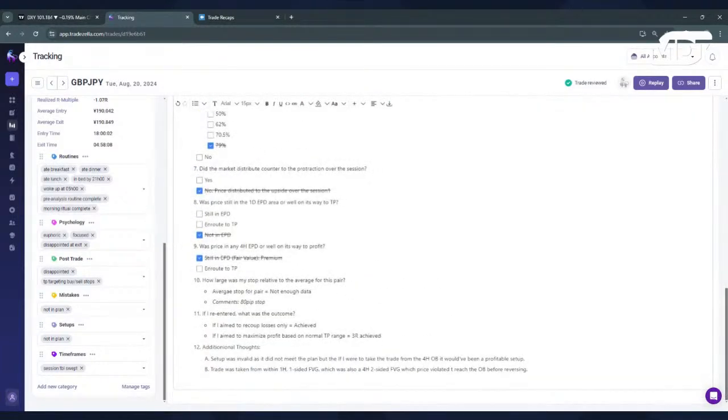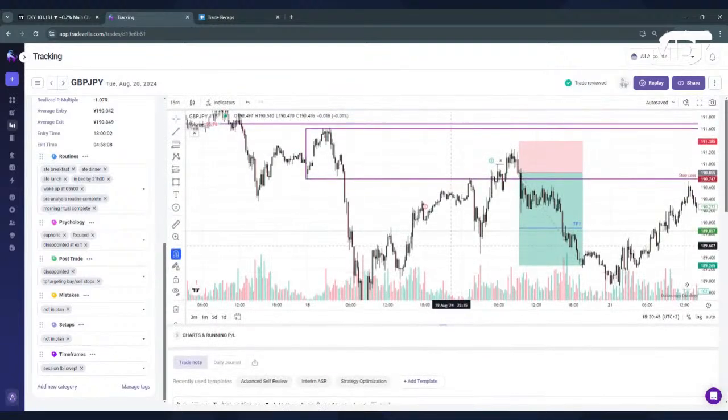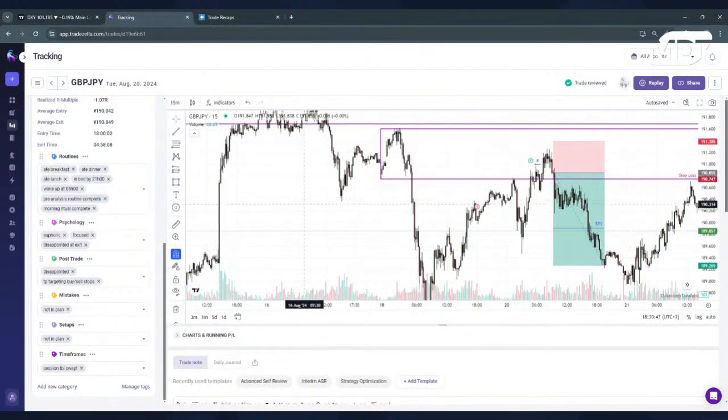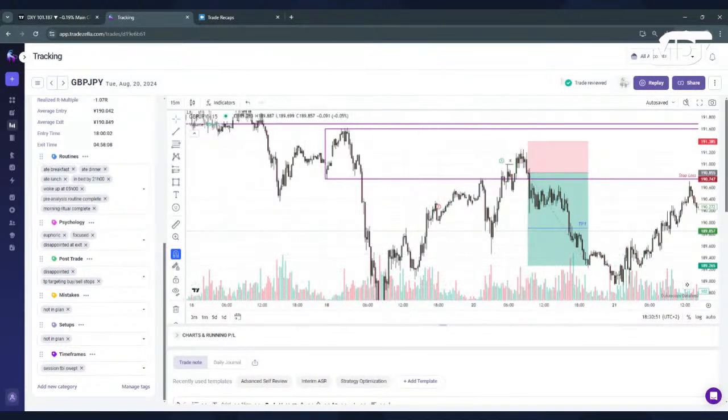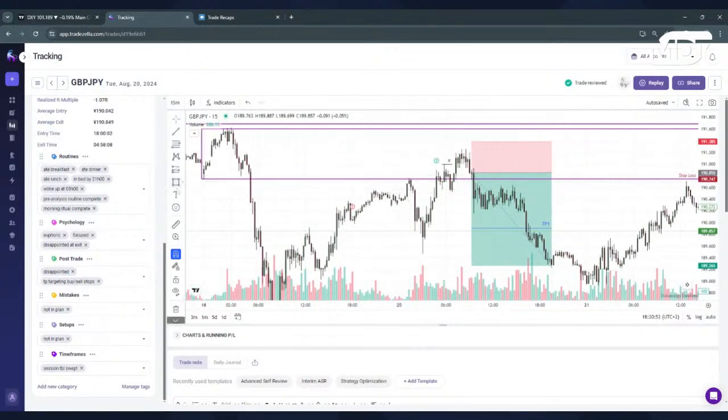And then additional thoughts that I had: I said the setup was invalid, it did not meet the plan, but if I were to take the trade from the 4-hour order block, it would have been a profitable setup. That's something I noted. I prioritized the 1-hour fair value gap over the 4-hour order block, which was resting above.